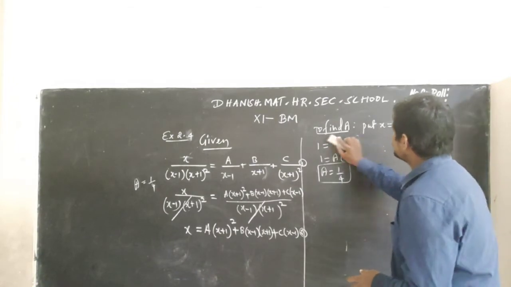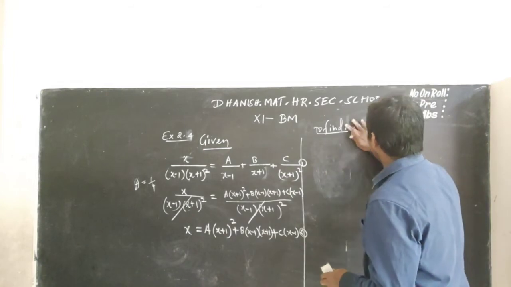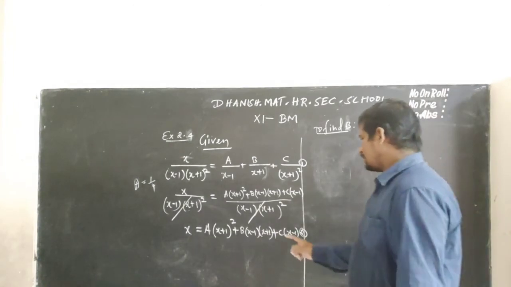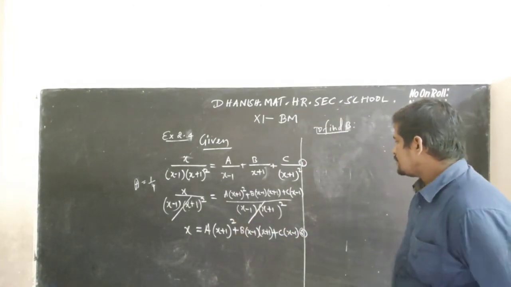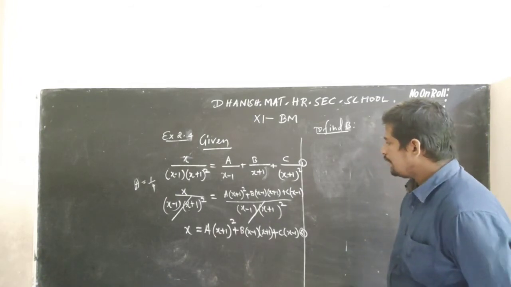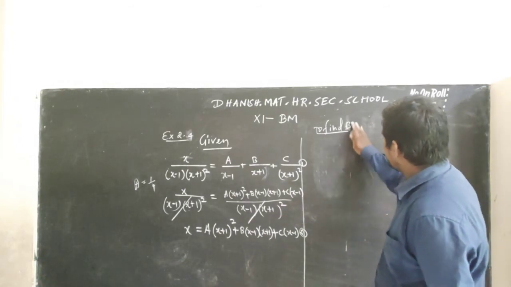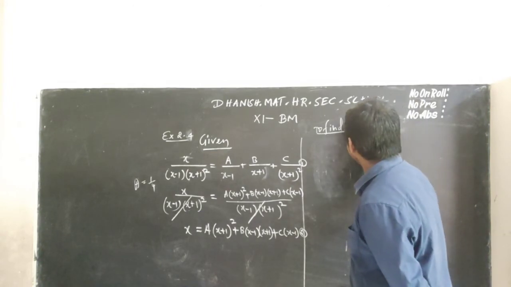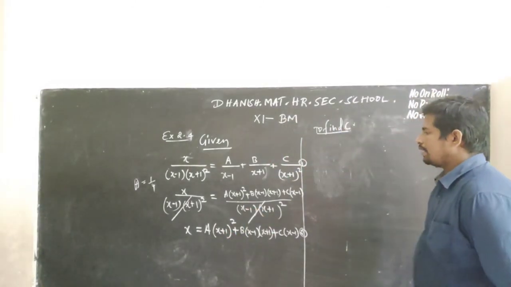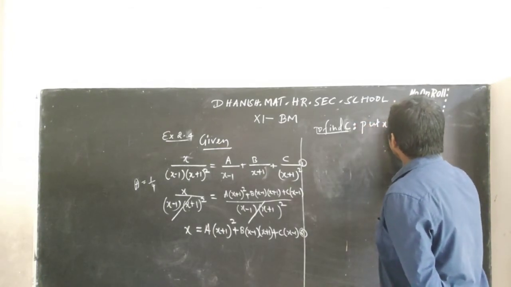Now to find B, look at the A and C terms. If you want to find B, A and C should become 0, but in A and C there is no common term. So better we first find C. Look at the A and B terms. There is a common factor, x plus 1. So I am going to put x equal to minus 1.